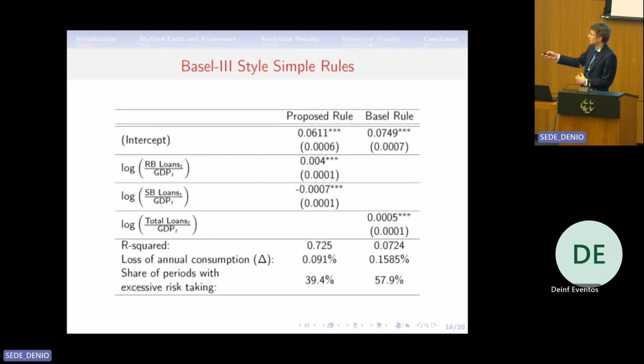I find that the proposed rule that differentiates between two types of loans makes all the coefficients significant. I compare it against different statistical metrics, R squared and the consumption equivalent variation, and you see that this rule is much better than the rule that only aggregates loans.